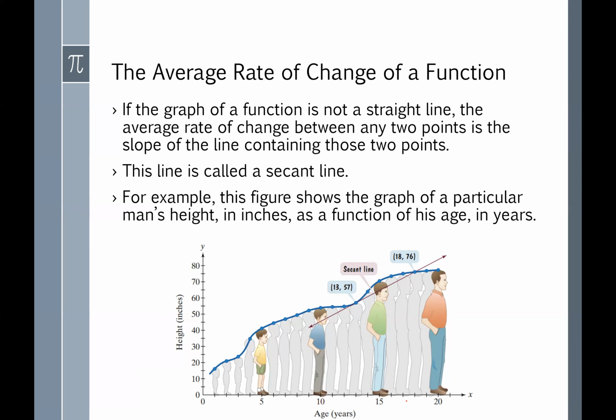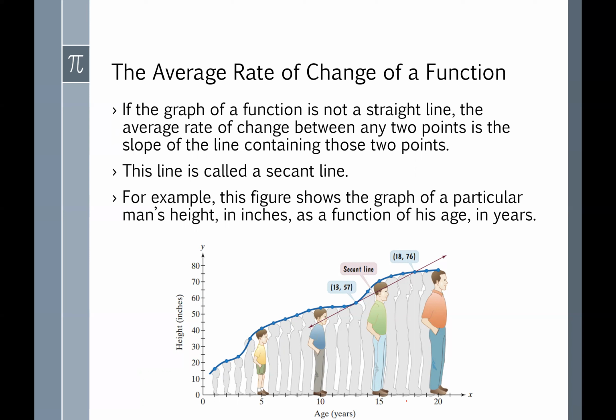It's not linear. The average rate of change between any 2 points is the slope of the line containing those 2 points. So if I want to find this person's average growth rate, I can pick any 2 points on this curve and find the slope of the line that connects those 2 points.